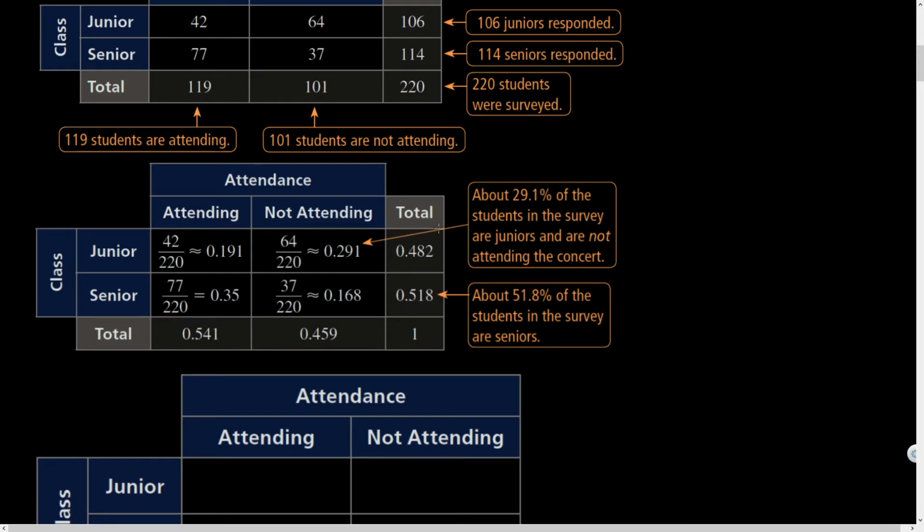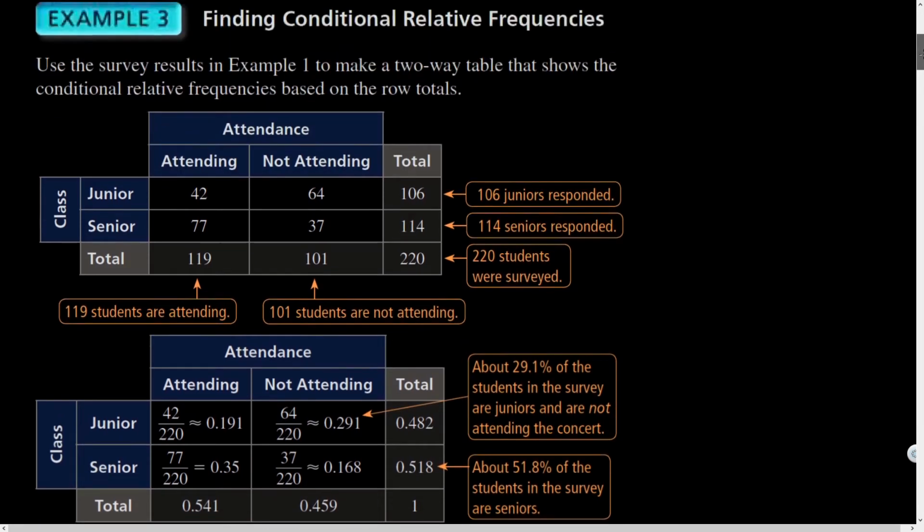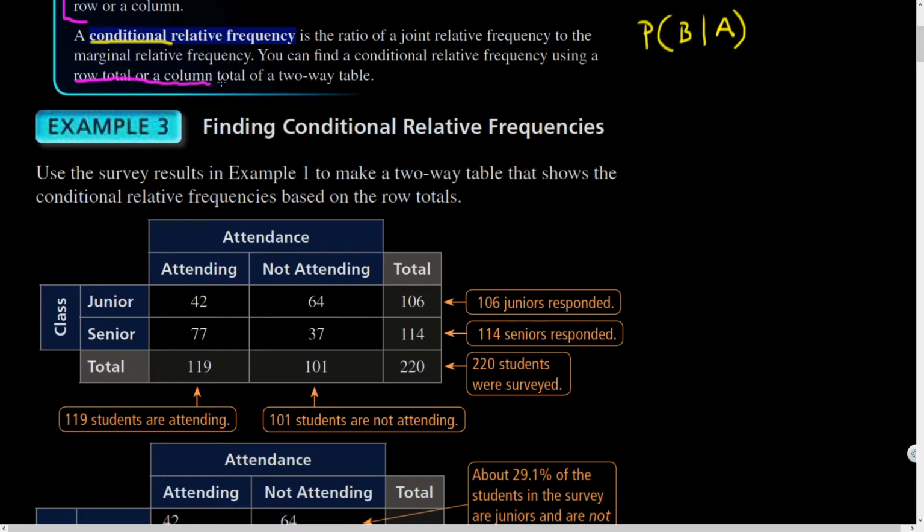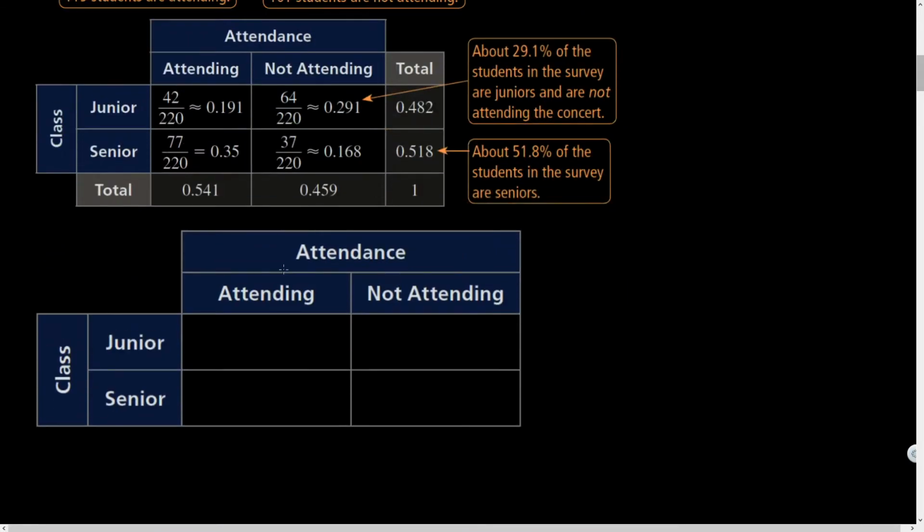And then out on the outside were the marginal relative frequencies, in which we added up those rows or columns to get those outcomes. And now we're going to do the conditional relative frequency, and the keyword here is based on the row totals. There are actually 2 different ways I could set up this table.